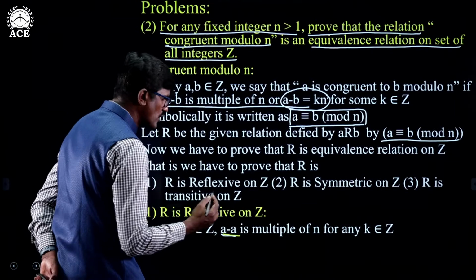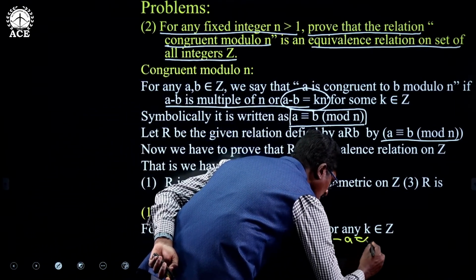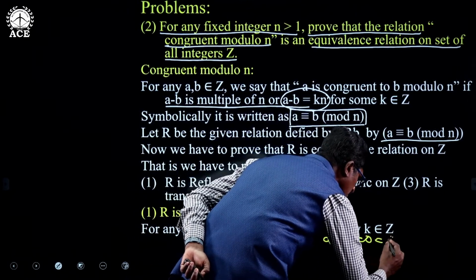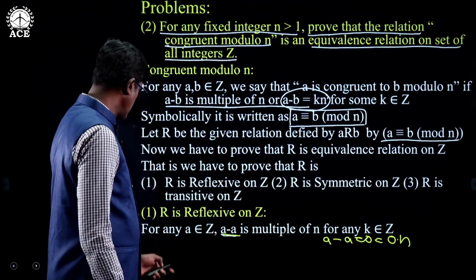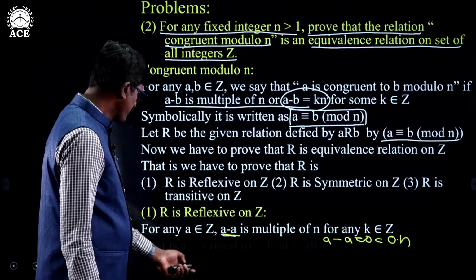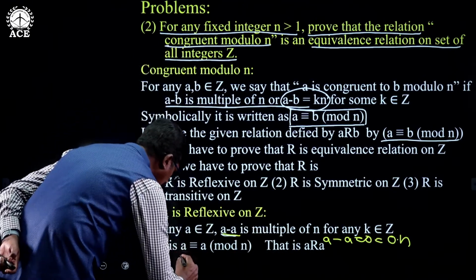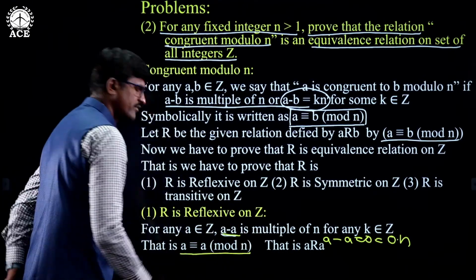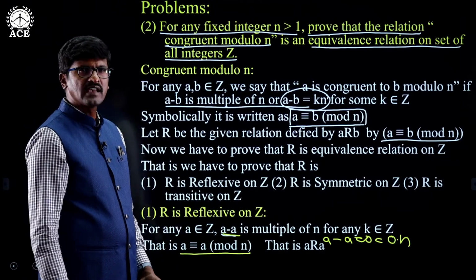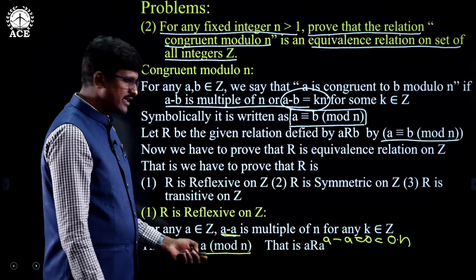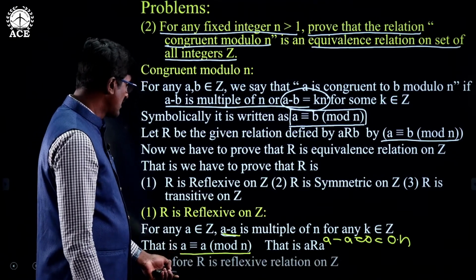A minus A is equal to 0, and 0 can be written as 0 times n. That means for any integer A, A minus A is a multiple of n. Therefore, A is congruent to A mod n. That is, the relation R satisfies the reflexive property, which means the congruent modulo n is a reflexive relation.